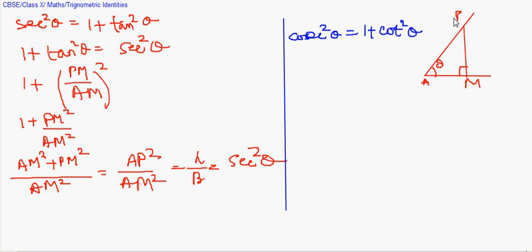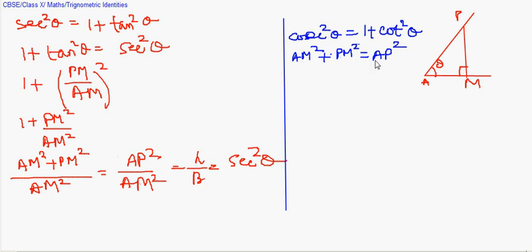What applies here? It applies that AM square plus PM square is equal to AP square, that is as per the Pythagoras theorem.